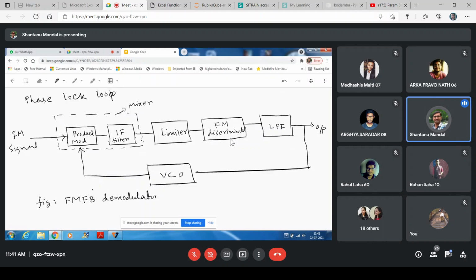One feedback path is connected, and here the local oscillator is replaced by a voltage controlled oscillator, to remove the threshold effect.